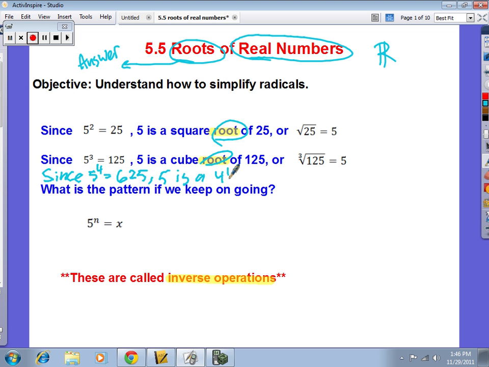I'm just going to write 4th root. Let's write 4th root of 625 equals 5.